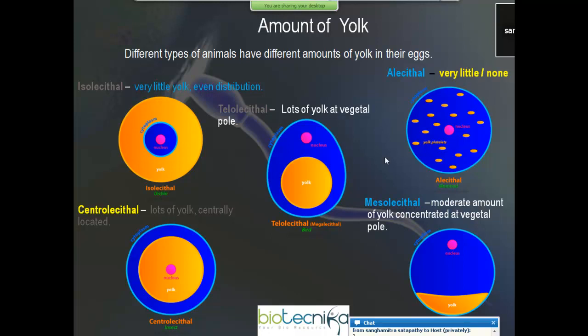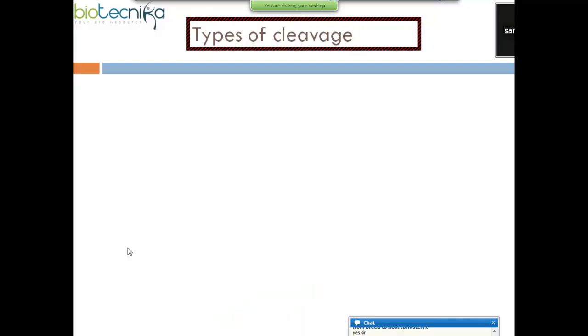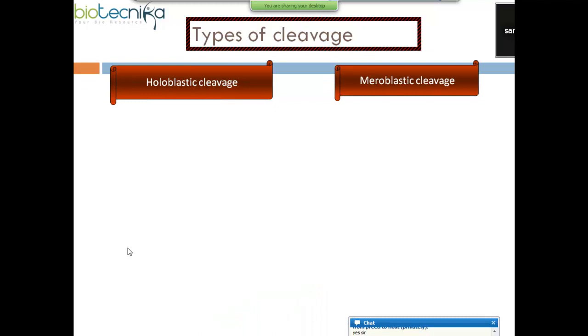This yolk content is very important in the pattern of cleavage the cell undergoes. If it is centrolecithal, only the outermost surface alone will undergo cleavage. The yolk content plays a major role in deciding the type of cleavage. The type of cleavage can be classified as holoblastic and meroblastic.